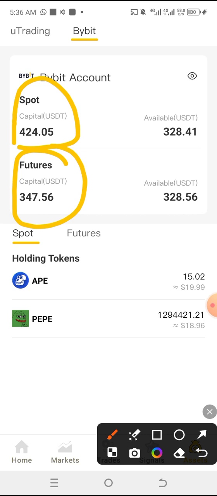Futures has taken some of it, about $20 or $19 presently, but that doesn't mean it has taken all. It has taken all it wanted, because as the coin goes deep, it taps back into this.